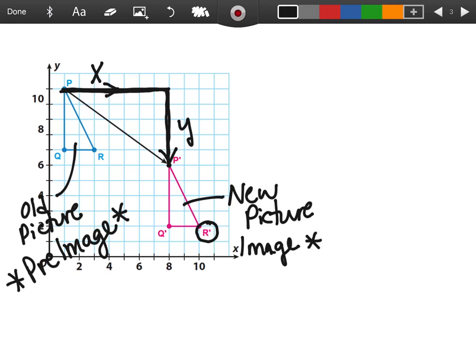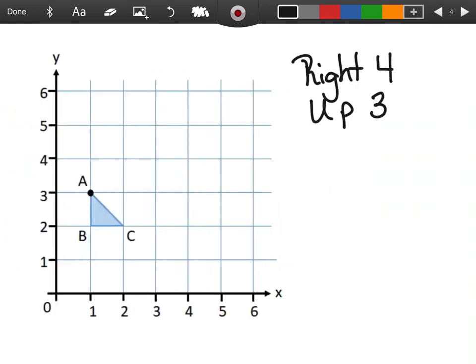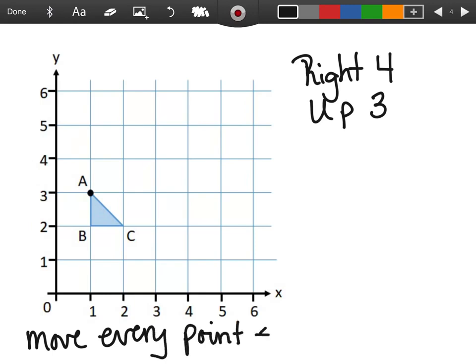Okay, so let's work at one. All right, this one I want to go right 4, up 3. So I am creating my new picture. Okay, remember, when you are translating, you move every dot. Okay, so you move every point of my picture, not just one. It's very important that we know that.